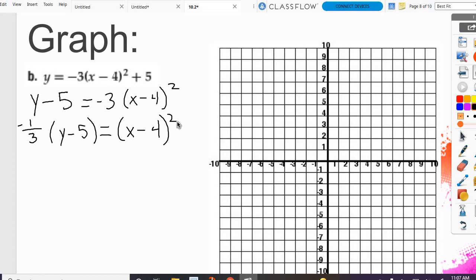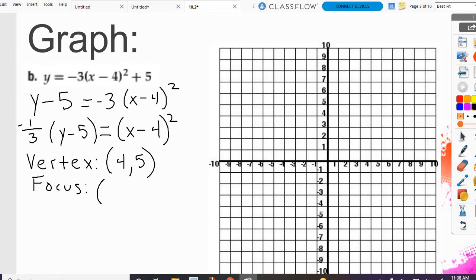So where is our vertex? Okay. Where is our focus? Good question. That is a good question. It's like one that you might see on your homework or your quiz.